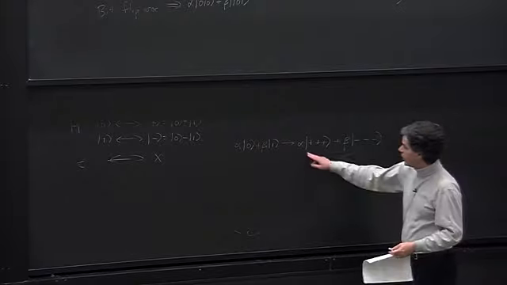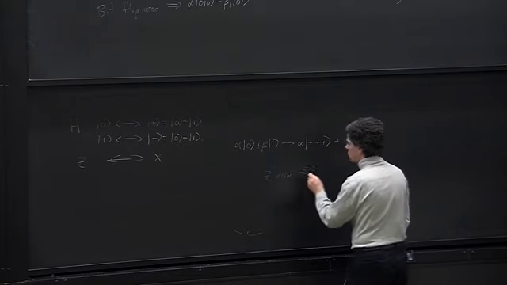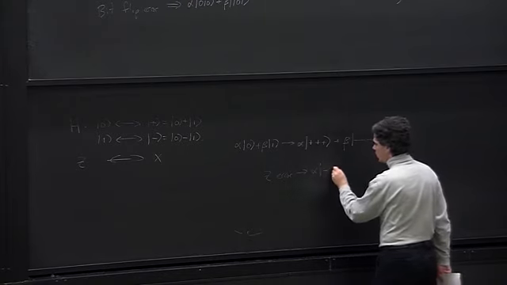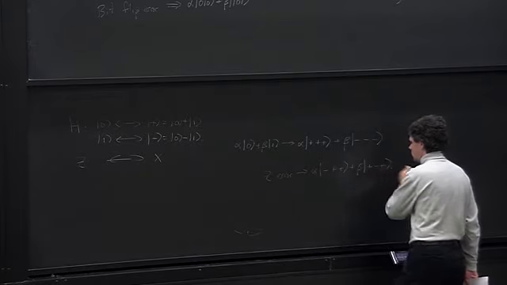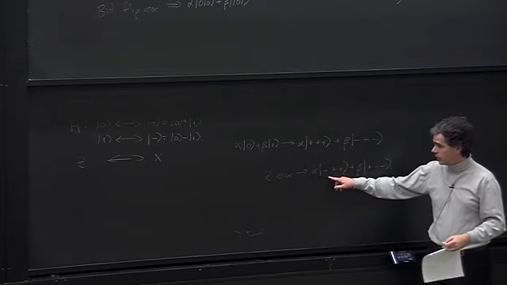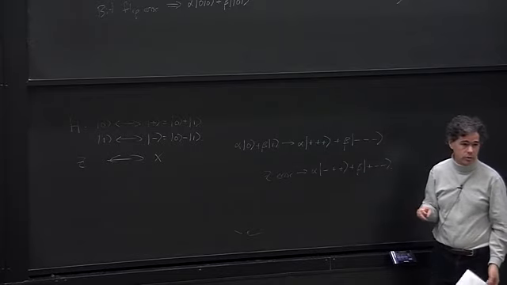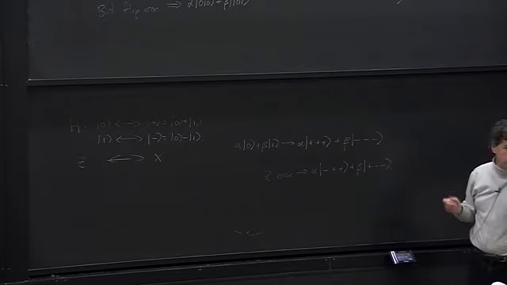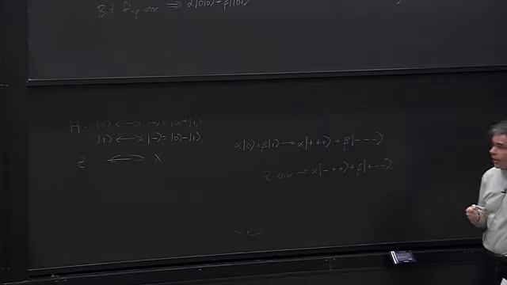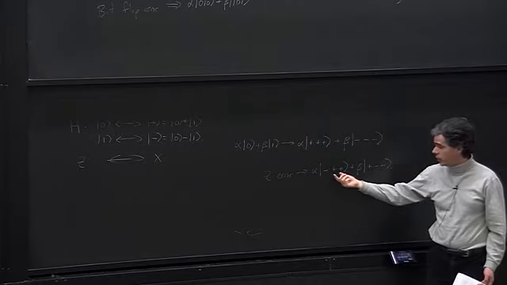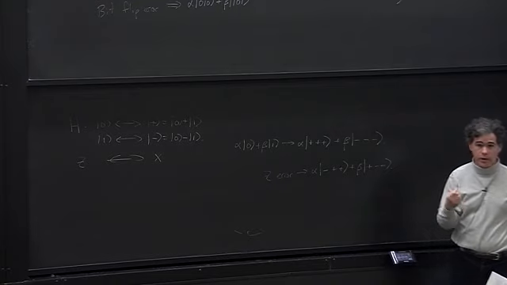Well, now it would be alpha minus plus plus, and so on. And now you see that in this Hadamard rotated basis, the first qubit is different from the second and third qubits. So if we do that whole circuit up there, but with everything rotated by Hadamards, then the error syndrome will tell us, oh, it's the first qubit that's different, which we'll deduce is a phase error on the first qubit.